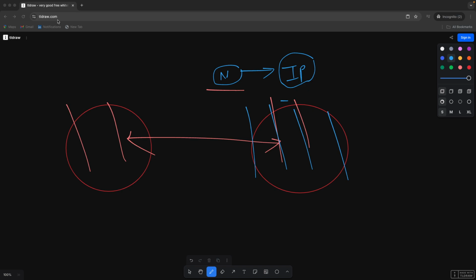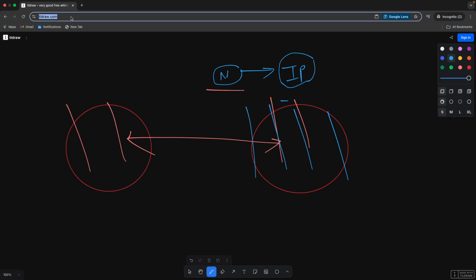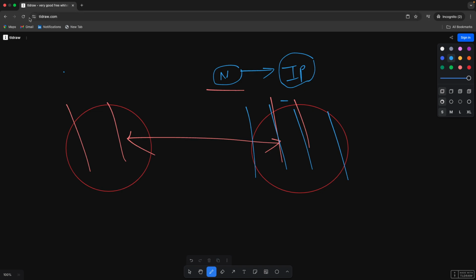The problem is that these names are not freely available, this is an issue, so we need to buy this name. Now this name is also written in a very specific format, and that format is something we need to study, which is in the form of a hierarchy.